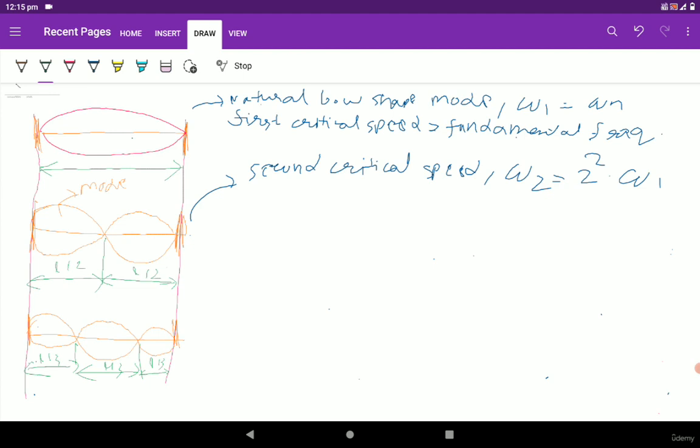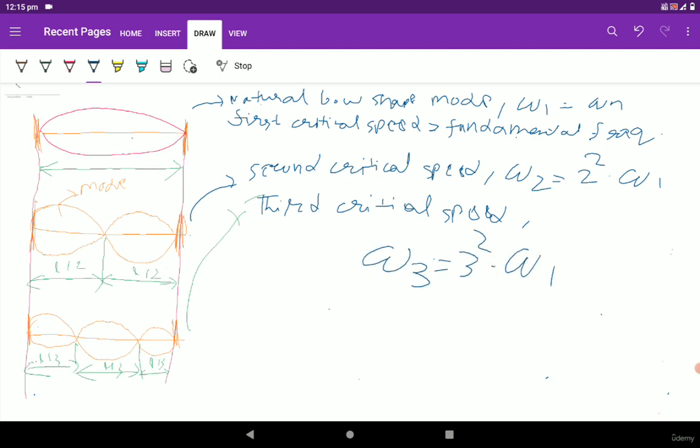So this is the third critical speed, that is for the third critical speed, omega 3 is equal to 3 square times omega 1.